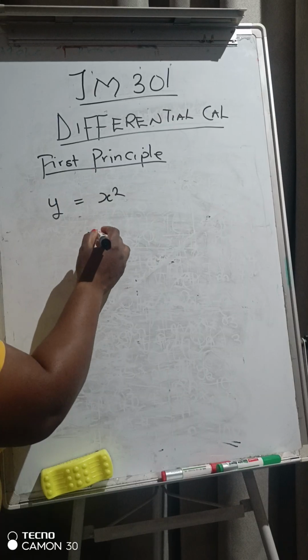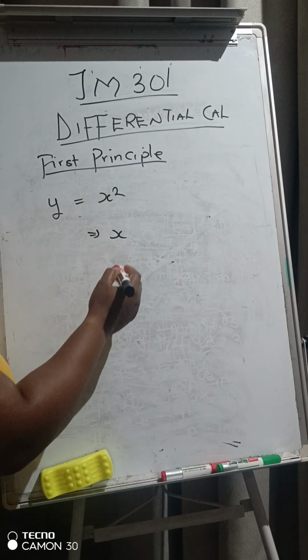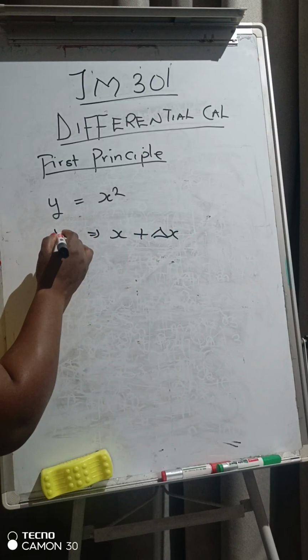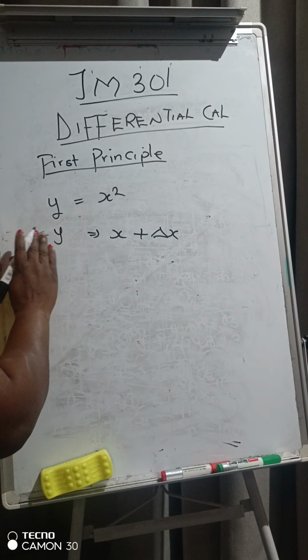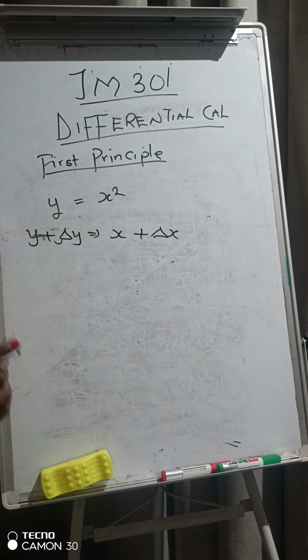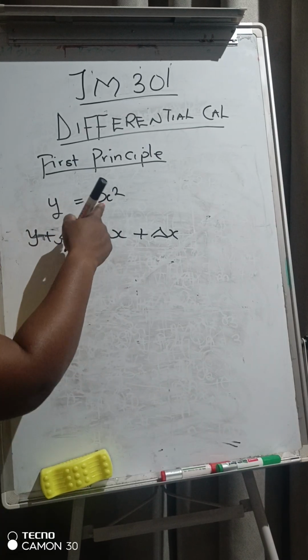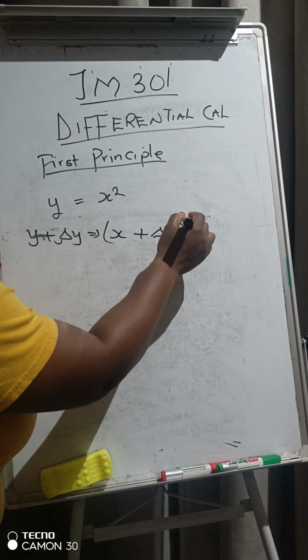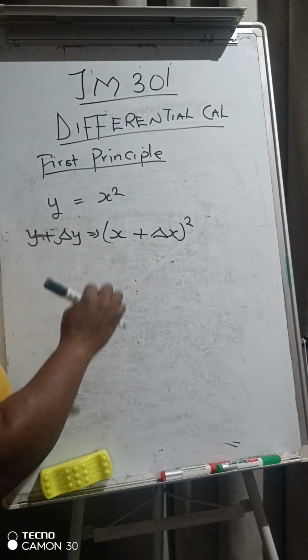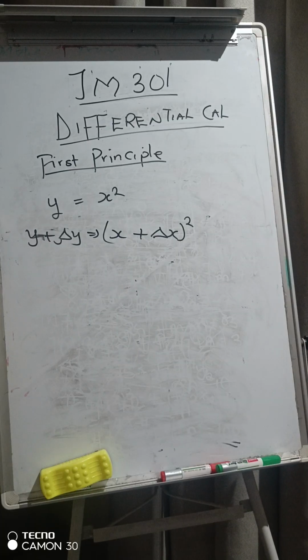So assuming now I have x and there is a change in x, it will cause y to also have a change in y. But remember, x is raised to the power of 2, it means the change will also be influenced by this.